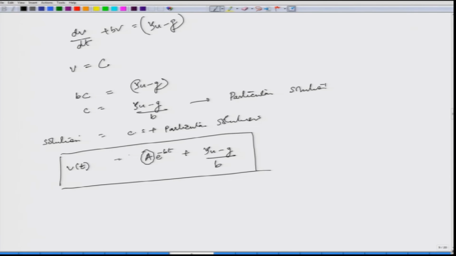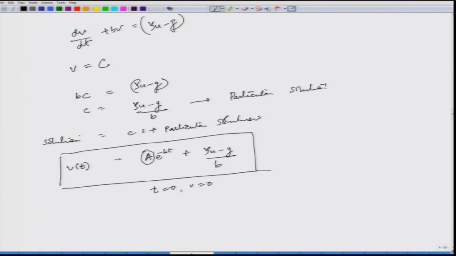So, how will I find the constant a? I will use the initial condition that at the starting point, at time t equal to 0, the velocity should be 0, because there is no velocity at t equal to 0.